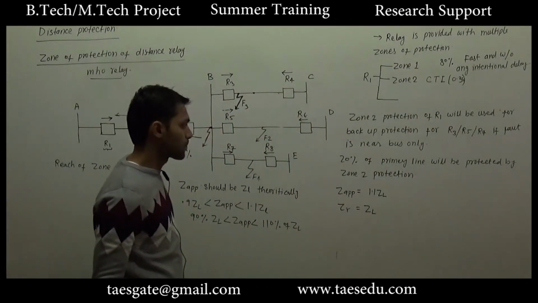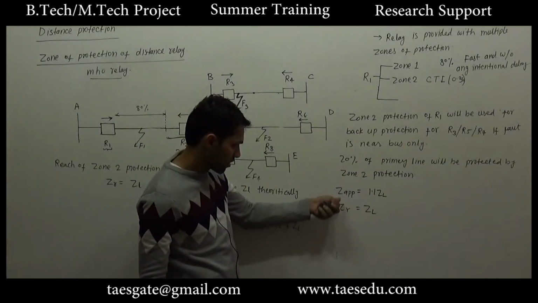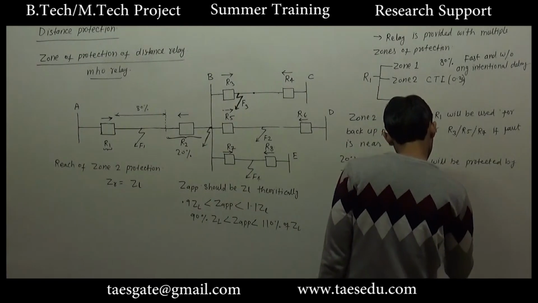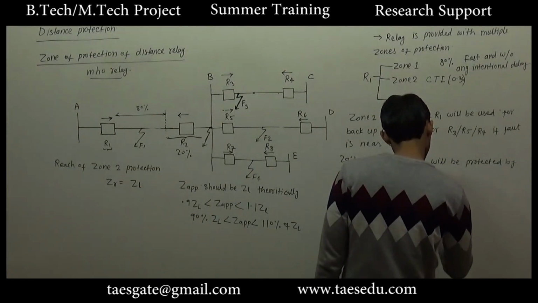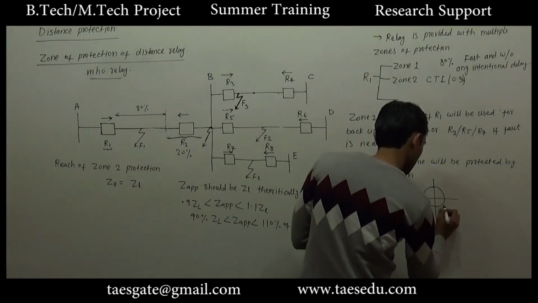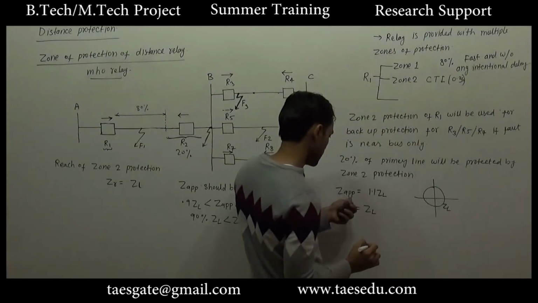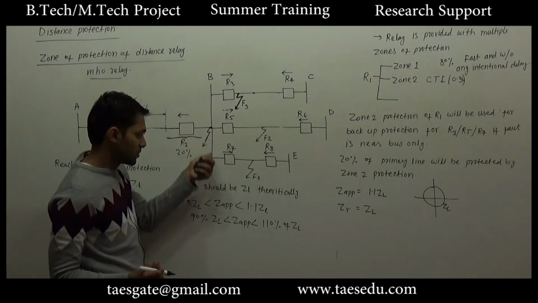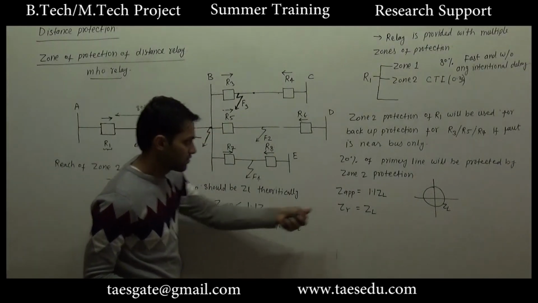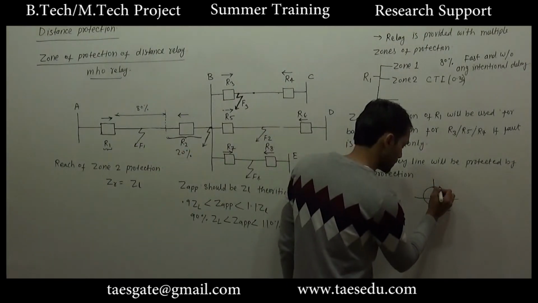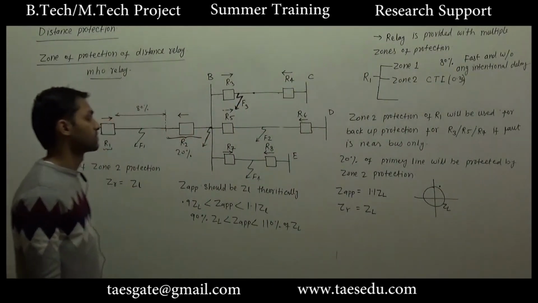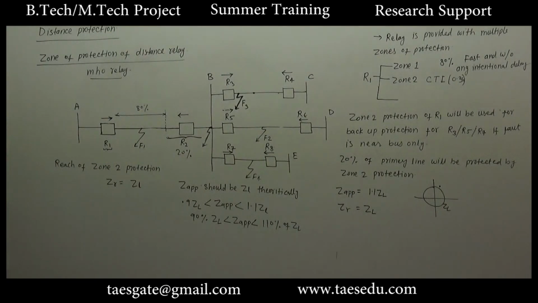So in this case, the apparent impedance is outside the reference. ZR is chosen at ZL only, and the apparent impedance for this point, due to measurement error, is 1.1 ZL. It is here. So this fault will not be detected.